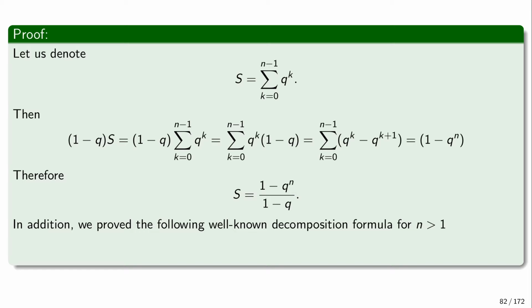And this is the well-known decomposition formula. Essentially, if we were to now write it out more carefully, basically we took the sum, we multiplied this by q minus 1, and we have shown that this equals q to the power of n minus 1. So we have actually proved this decomposition formula for this polynomial that decomposes in the following way, and this holds for every q.